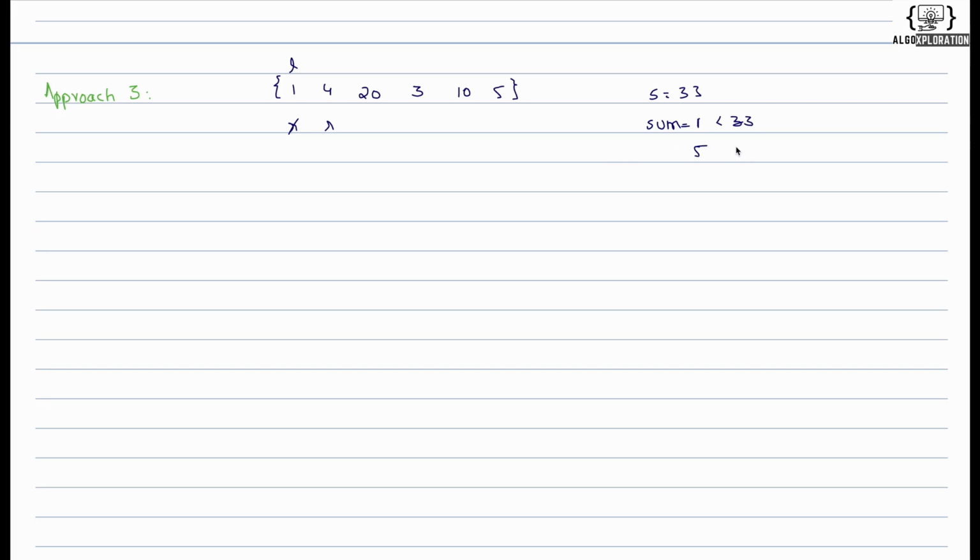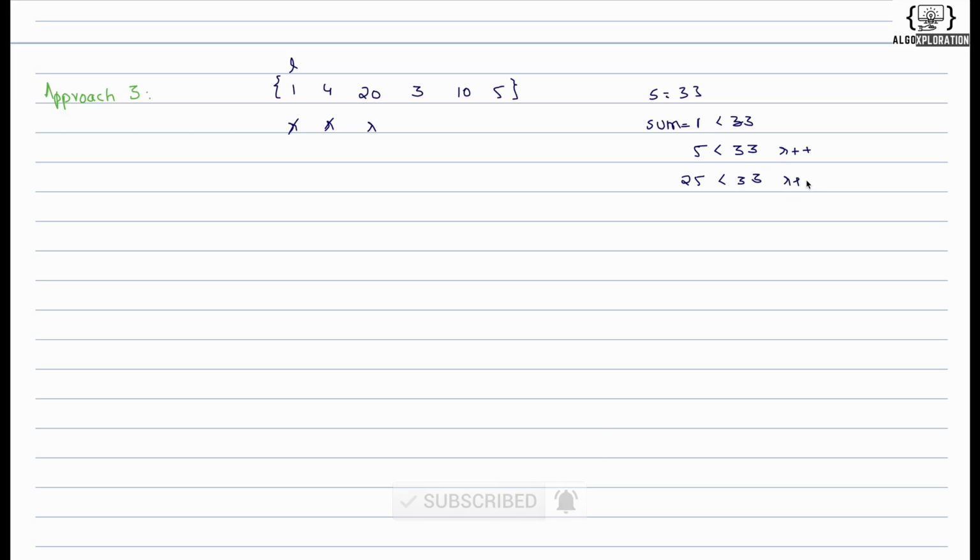Again we have to compare with 33. We can see that 5 is lesser than 33. So again we have to increase our boundary. That means do r plus plus. Again, let's add 20 to this 5, so it will be 25. Again compare with 33, still 25 is lesser.